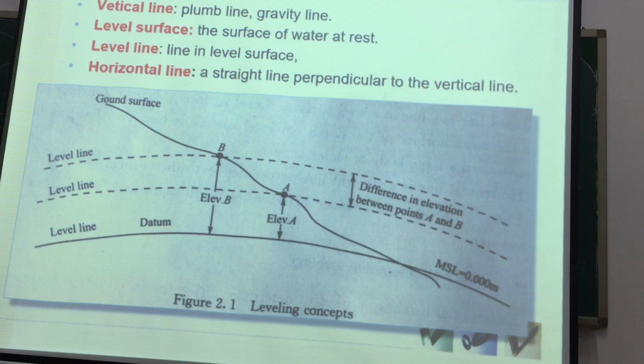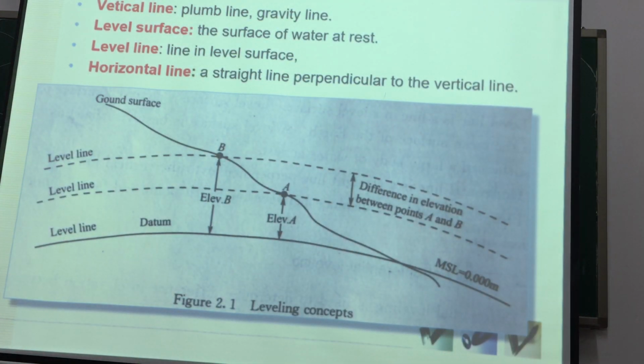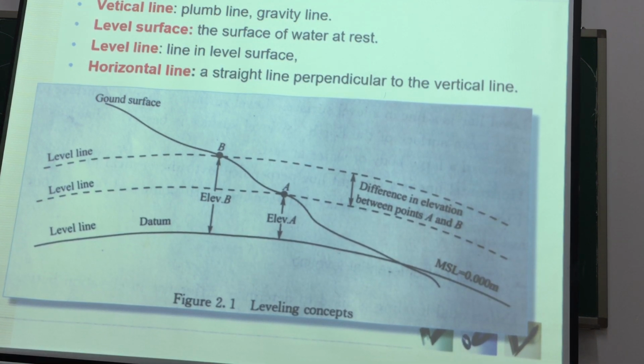How can you measure the surface of water at rest? I mean, because if the river is flowing... How can you measure the surface of water at rest?